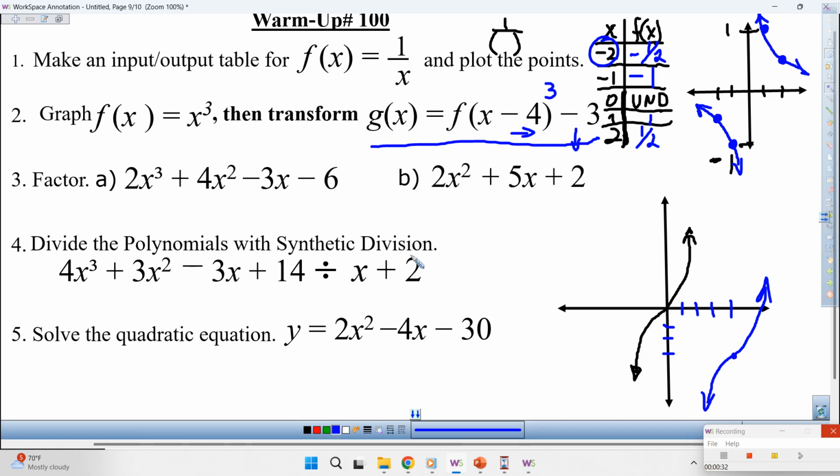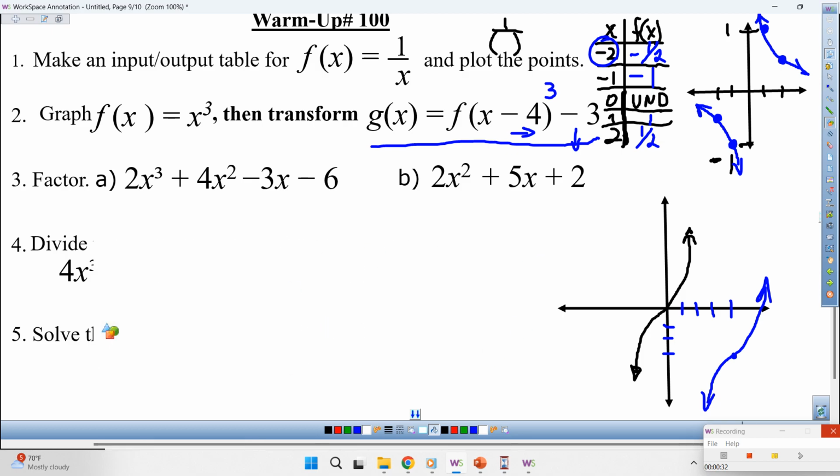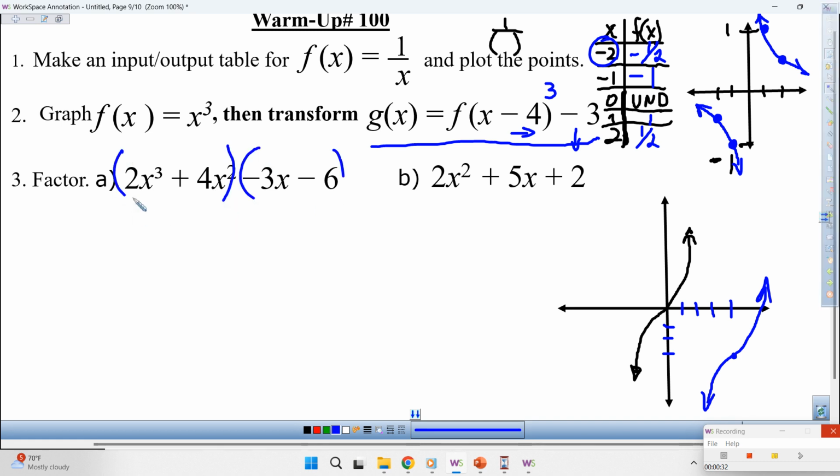All right. Number 3, factor. Maybe make some space. All right. Let's see. In the standard form, yes. GCF, no. So group 2 at a time. So GCF here is 2x squared. We're left with x plus 2.